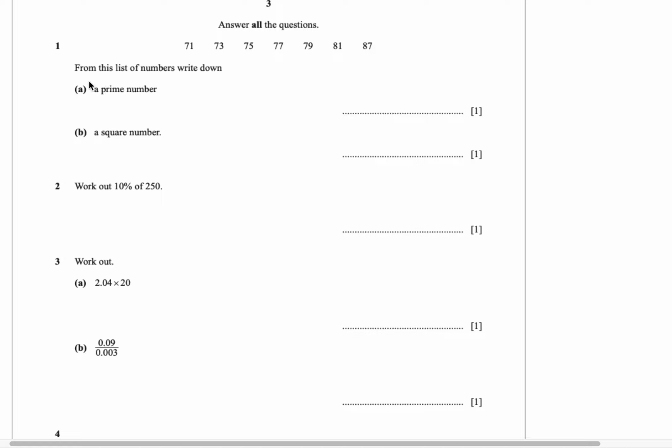Now the first question is: from the list of numbers, write down a prime number. We all know that a prime number is a number which does not come in any table other than the one and itself. So 71 does not come in any table, 73 also does not come, 75 comes in 5 tables, so it's cancelled. 77 comes in 7 tables, so this is also cancelled.